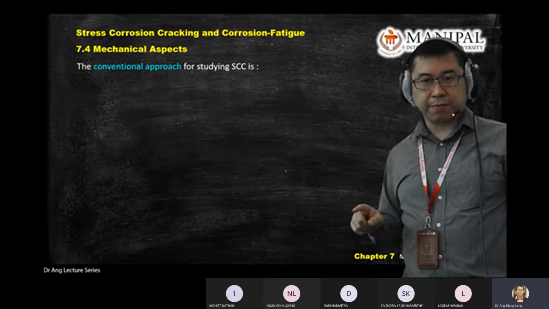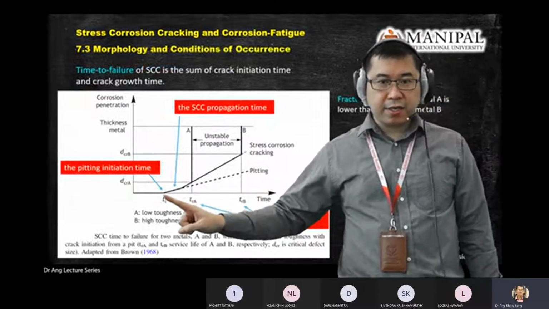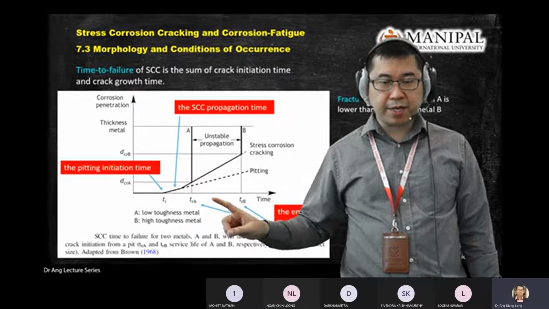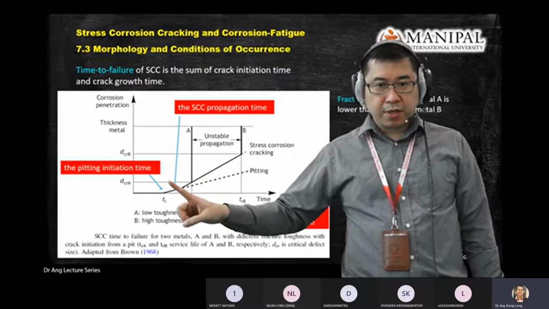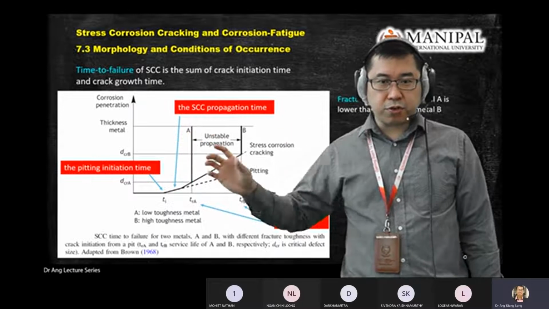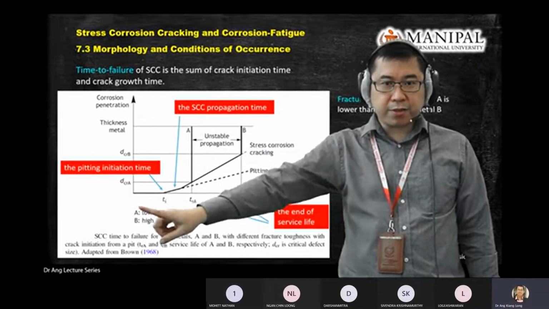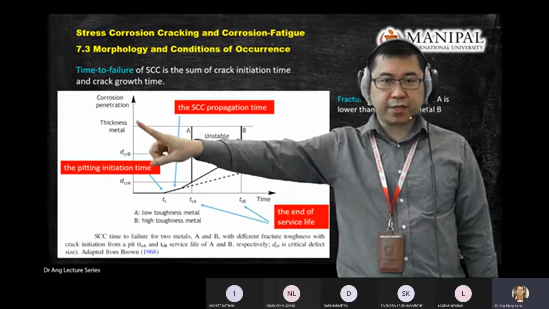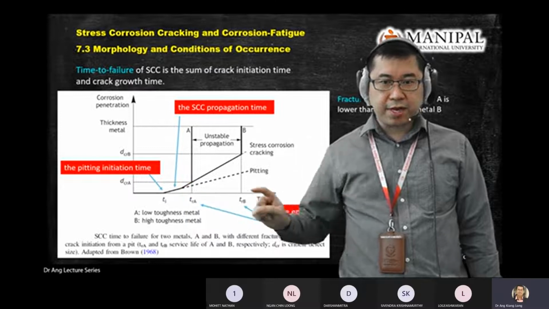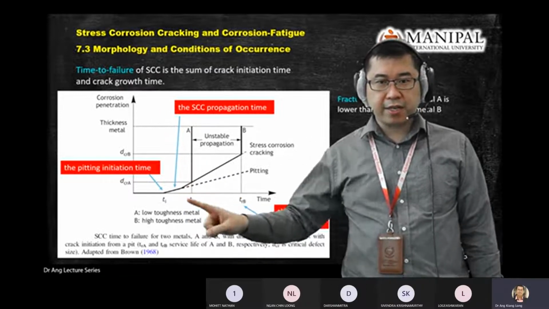So for example, going back to this graph, during the test we determine the time. This is not the correct graph to show you, but on the tensile machine, when you test for SCC, you will see the tensile loading versus time, or tensile loading versus strain.